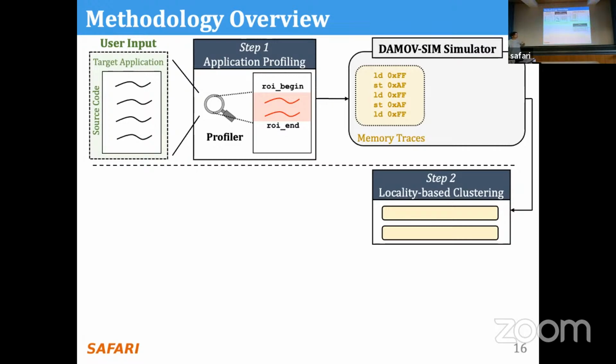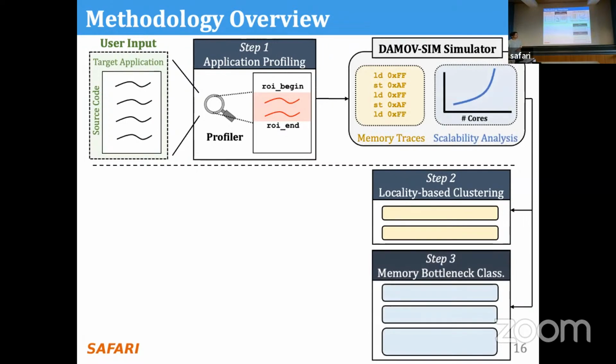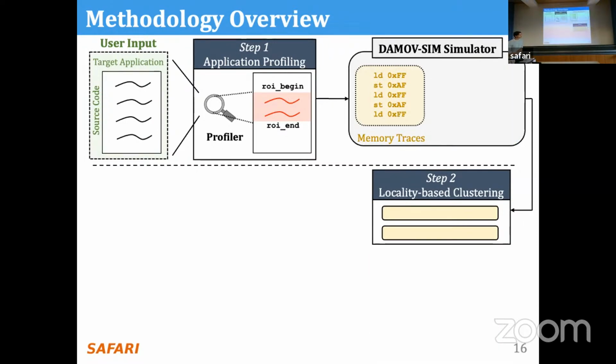That's why you see there load, store, load, store. You can extract these memory traces from the simulator. And with these memory traces, you can analyze the access patterns, right? And the first thing that we do with these traces is the locality-based analysis.